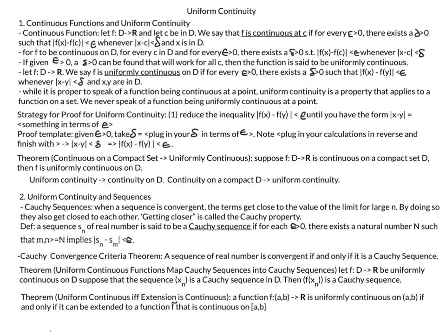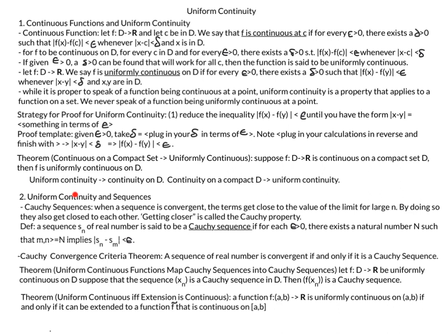We have covered the definition of a function being continuous at a point, of a function being continuous on a set, and then a function being uniformly continuous on a set. We looked at strategies to prove uniform continuity. We looked at the theorem that continuous on a compact set implies uniformly continuous, which means that uniform continuity implies continuity on D, and continuity on a compact D implies uniform continuity.